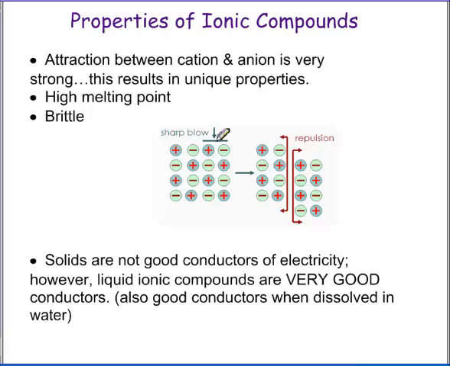And if I hit an ionic compound, it actually shifts these positive and negative ions. And so what happens is if I push here, the positive ions end up being by themselves, and we know that positives don't like to be by positives and they repel each other, and so we get an area that will shatter. We'll get this fissure line right here.